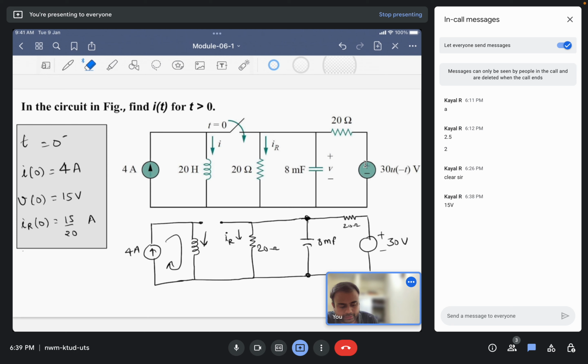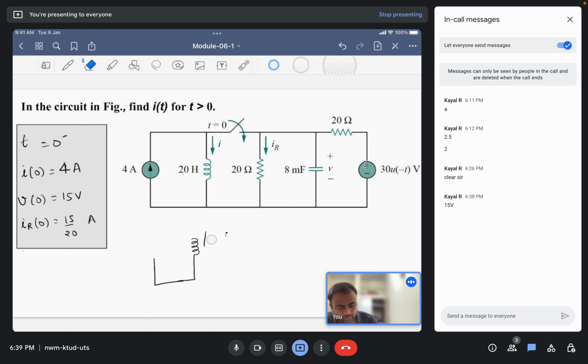For that case, we'll draw the circuit again when the switch is getting closed. So this is a 4 ampere current source connected to an inductor. The switch is now closed.